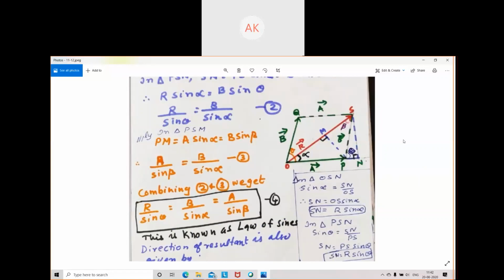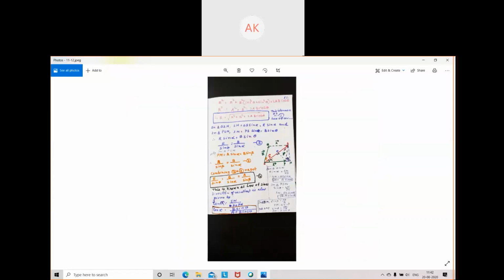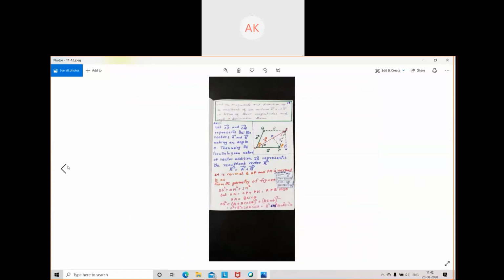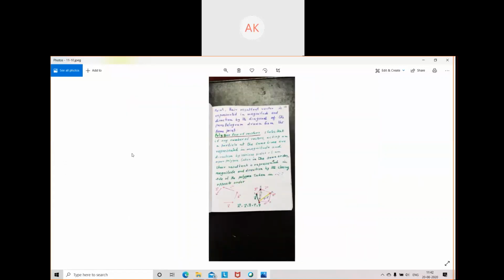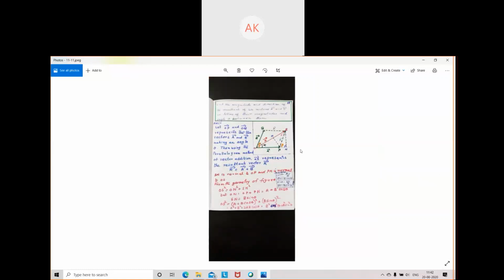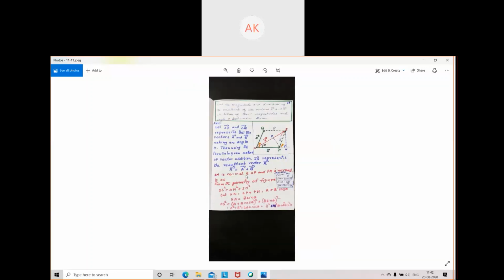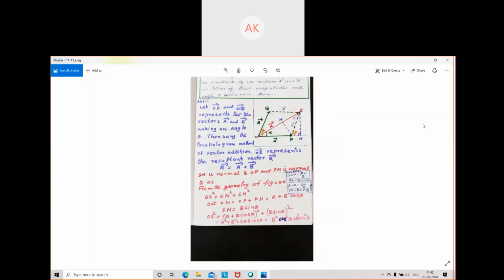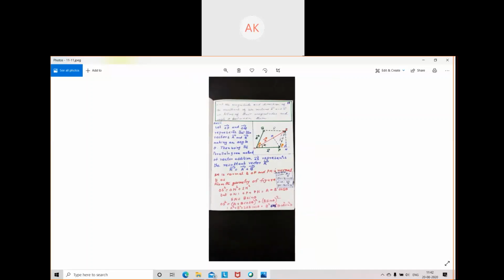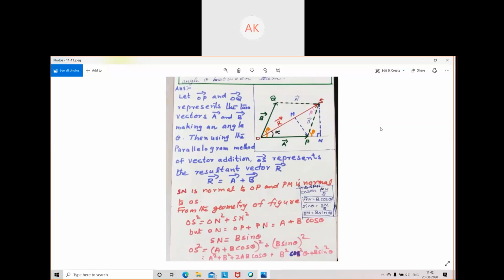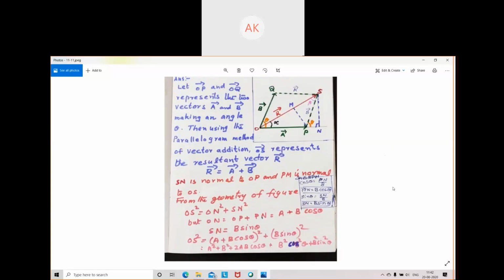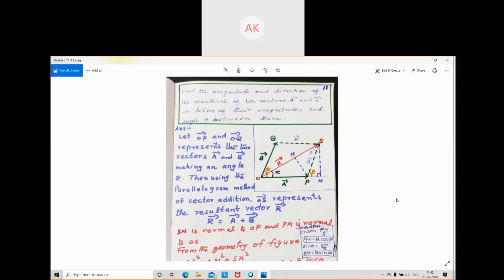So I will show you the question again. Very important. This is the question: find the magnitude and direction of the resultant.